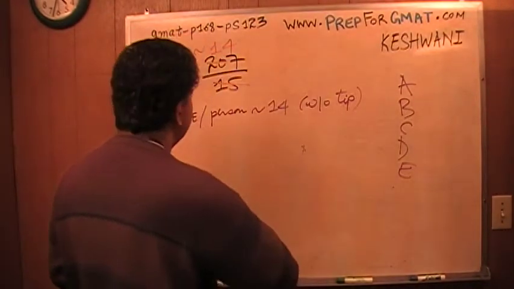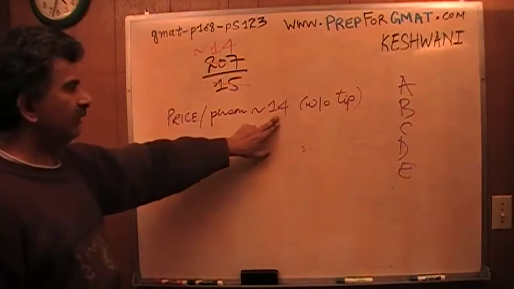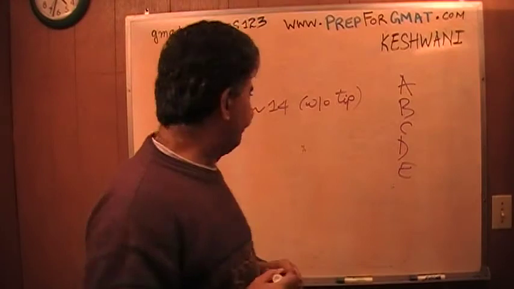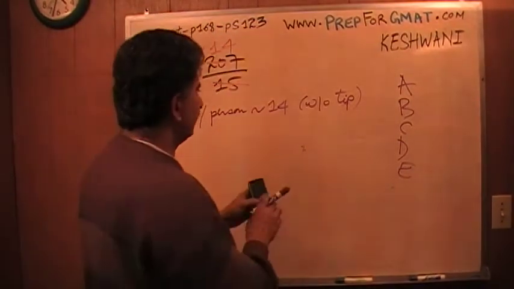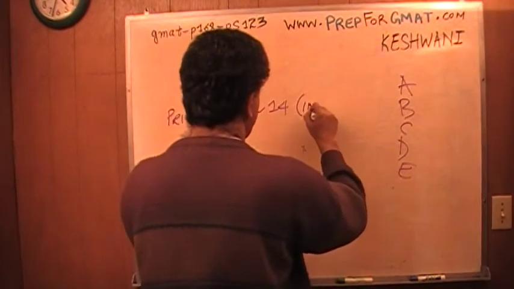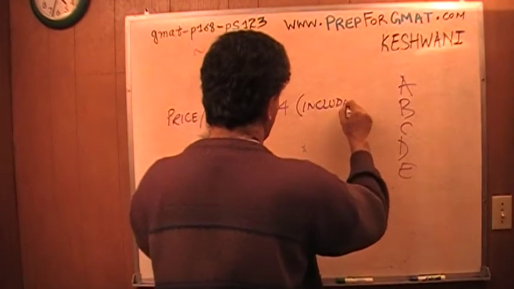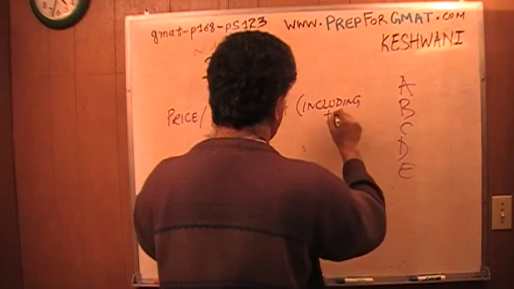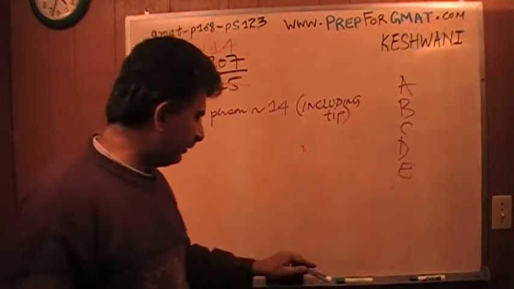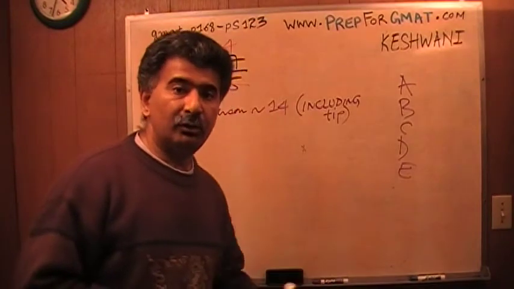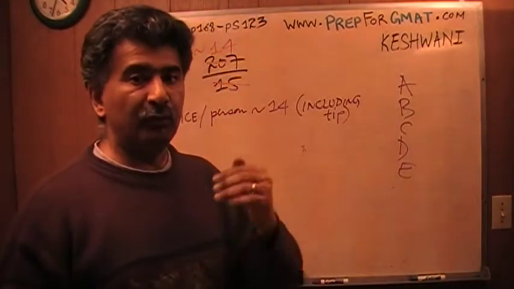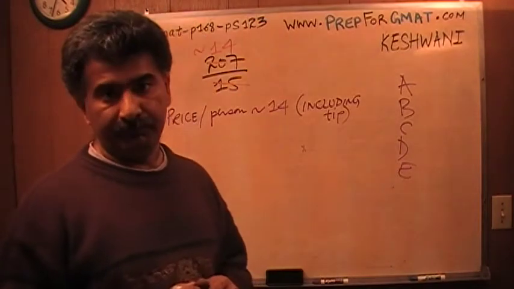Now I know that the price per person is $14, and this amount includes the tip. Since they're asking for the price per person excluding the tip, whatever it is per person without the tip has to be less than 14.